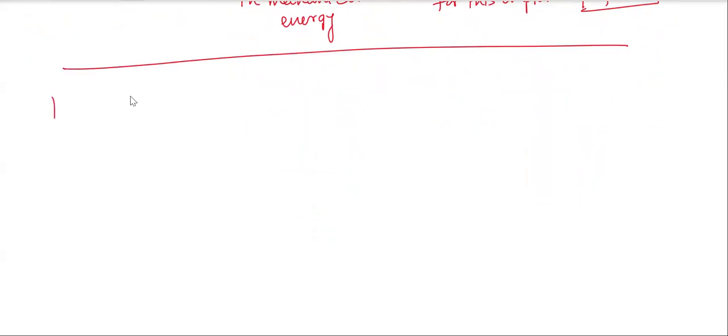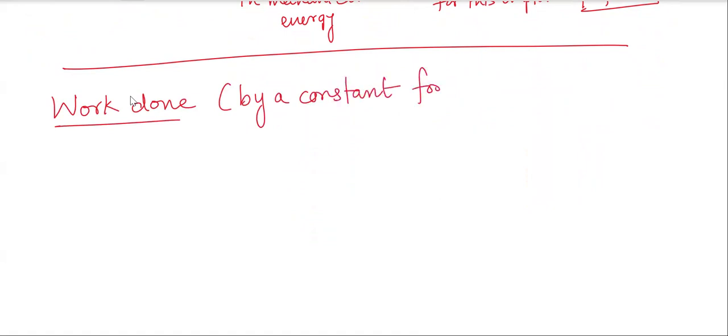All we need to know is, first we need to understand what energy is. So let's understand a concept called work done. Now work done by a constant force is given by, imagine there is a block or a toy that is tied to a rope and a kid is pulling it horizontally.